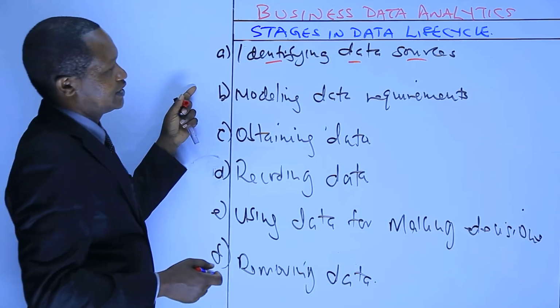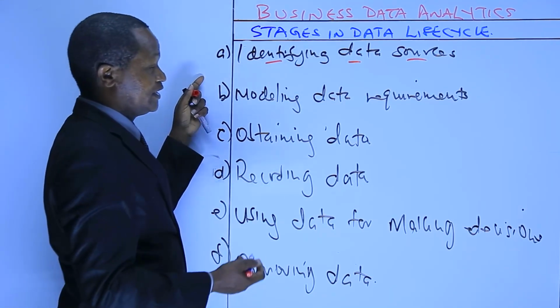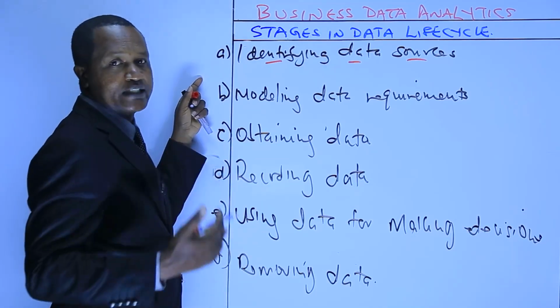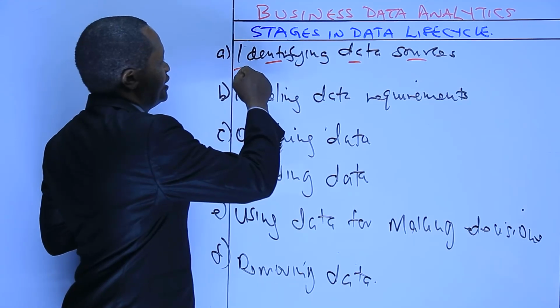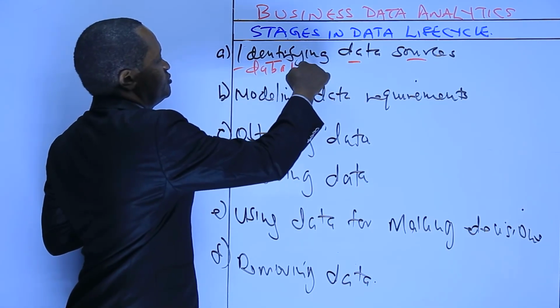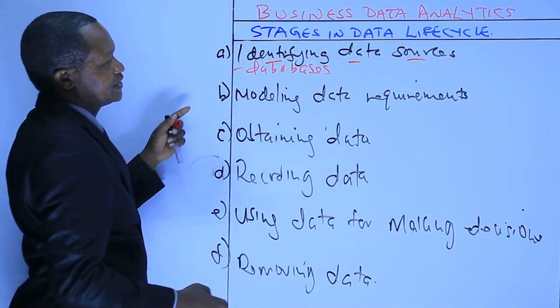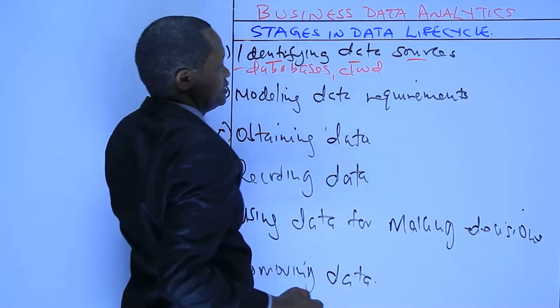So in data life cycle, first of all, the first thing to do is to identify the data sources. And such source could be the organization's databases. Data can also be obtained from the cloud.